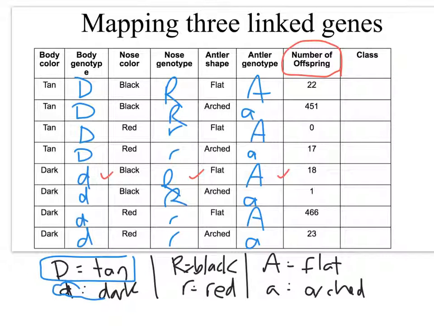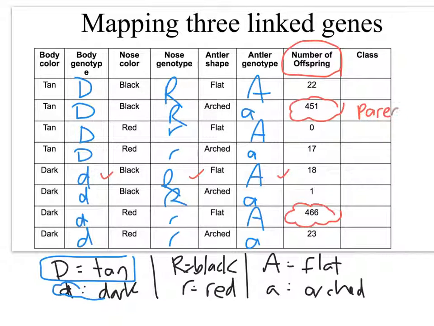We've said this in an earlier YouTube clip, and we've said this in class multiple times. The dead giveaway is the relative number of offspring of a given genotype. And the ones that are the largest numbers, and obviously 450, 460, much, much larger than any other combination of D's, R's, and A's, these are the parental classes.